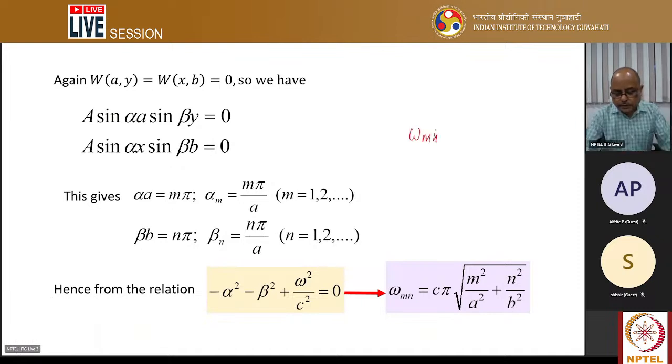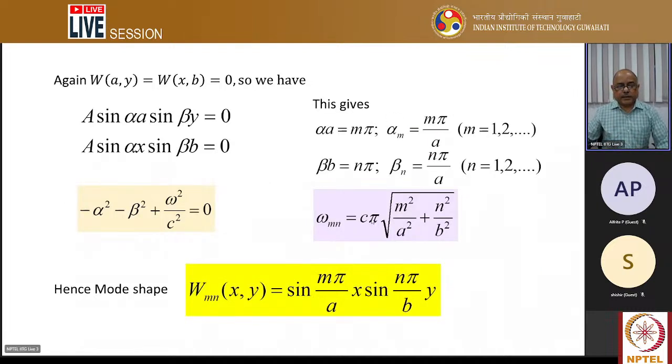We get the natural frequency as c pi root over m square by a square plus n square by b square. And mode shape function is simply the combination of two sine terms: sine function in x direction, sine function in y direction.